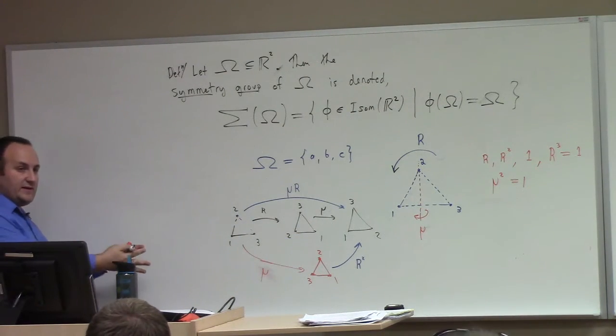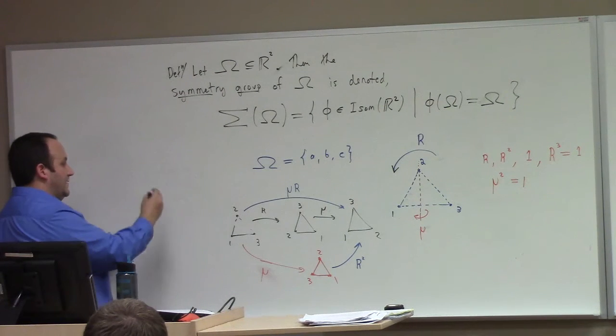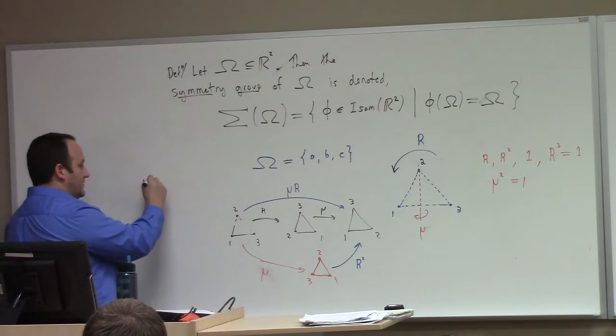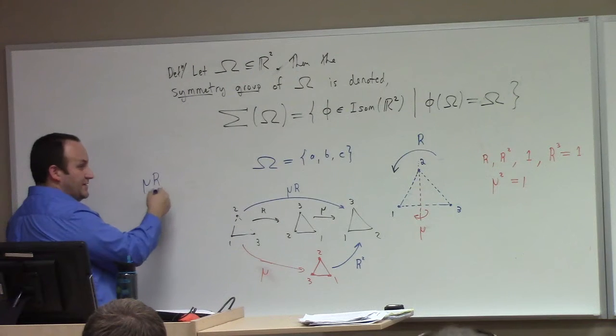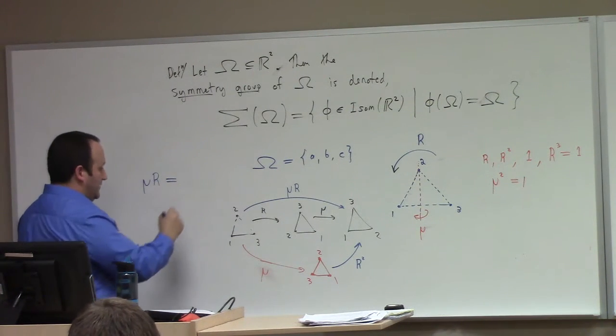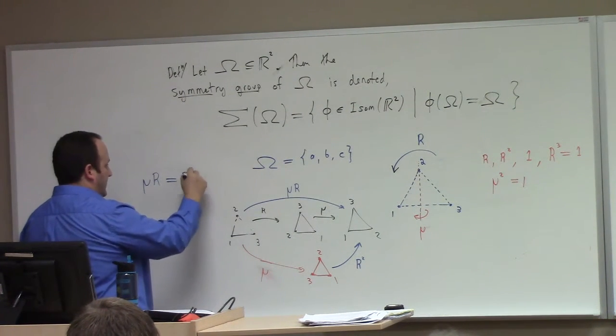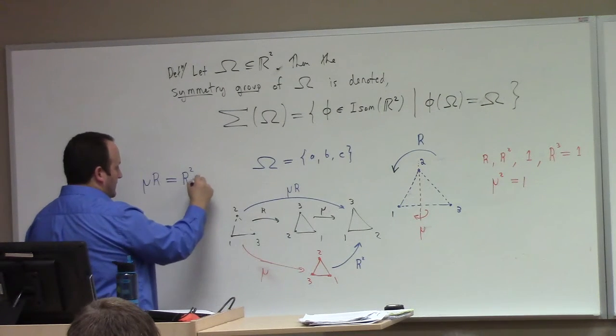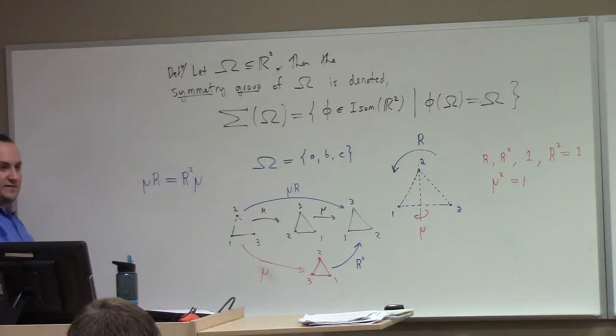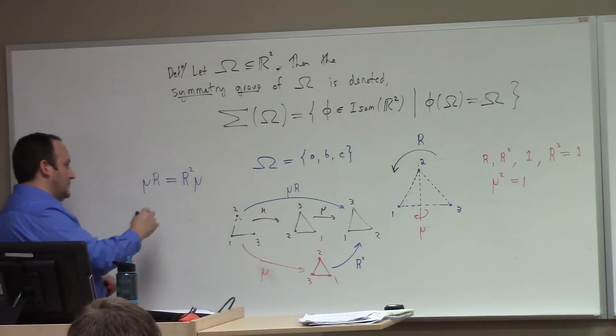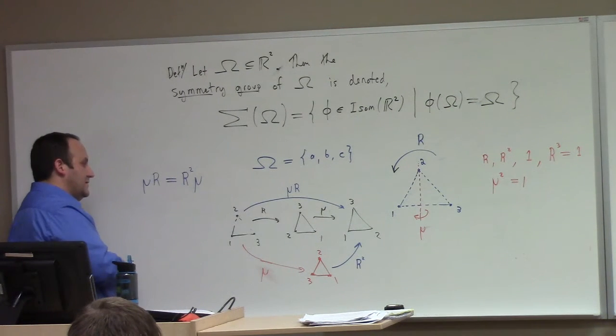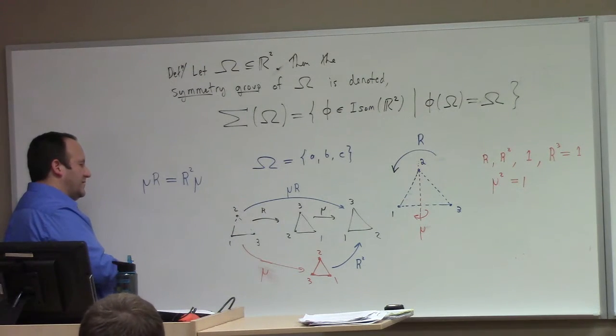So I have geometrically shown you that reflection, rotation followed by reflection is equal to reflection and then rotation squared. So, let's see here, can we rewrite this?